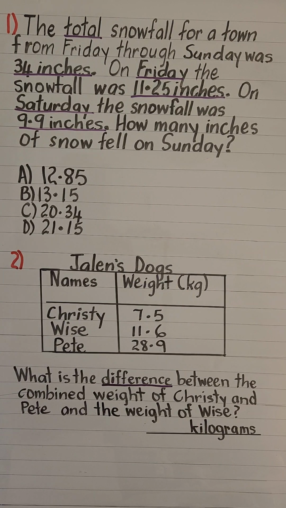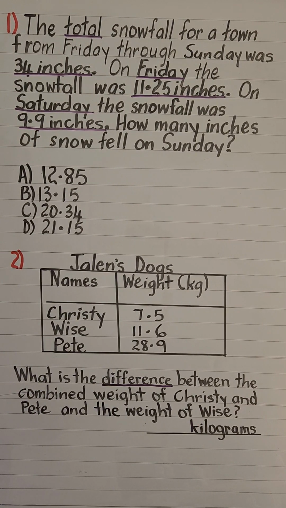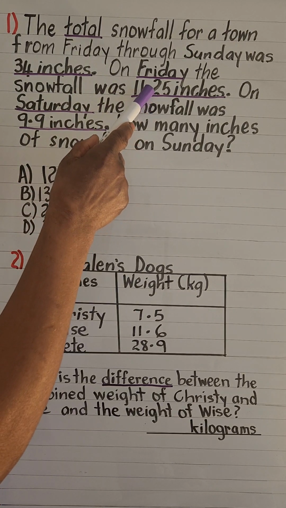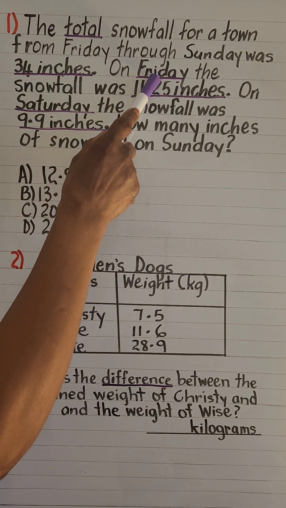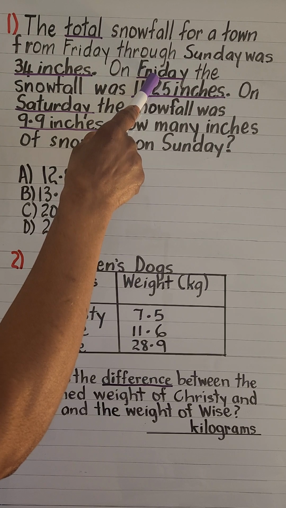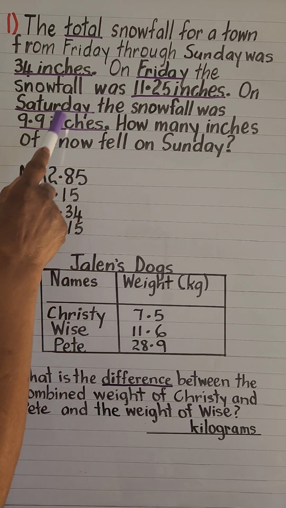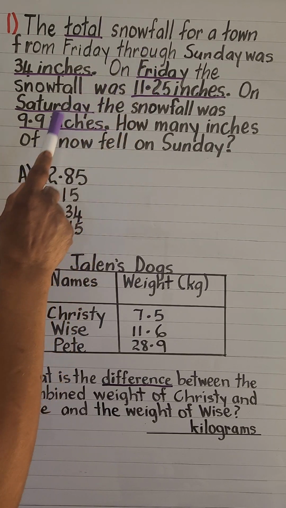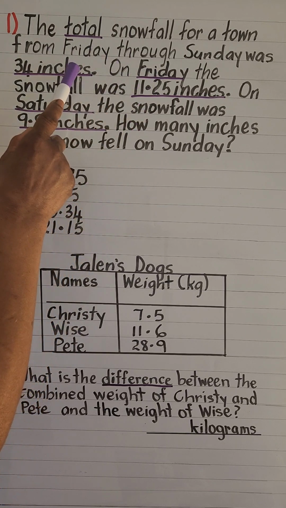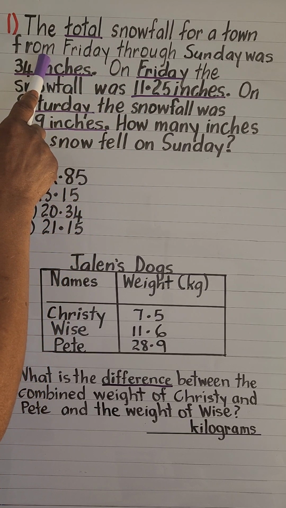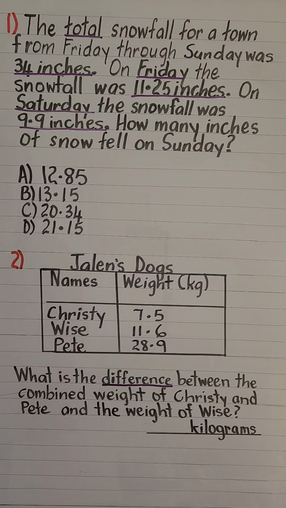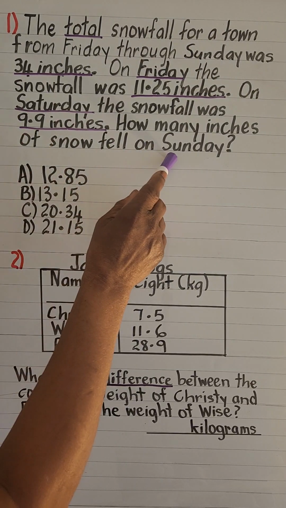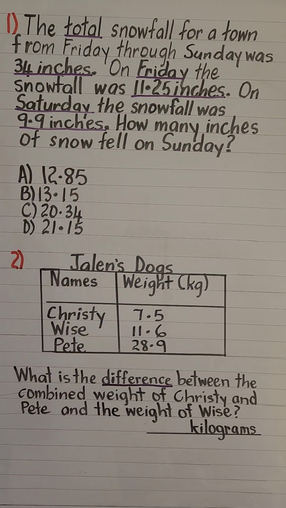So to solve this problem, we're going to find the total of Friday's amount of snowfall and Saturday's amount of snowfall. We're going to find the total of these two, and then we subtract from the total for the 3 days, and then we'll find how much snow fell on Sunday.